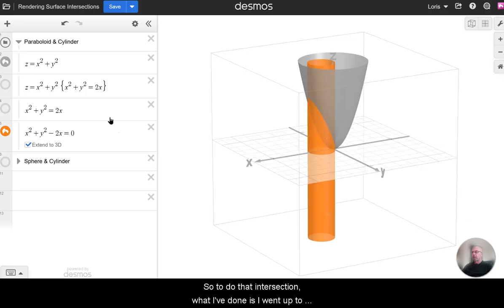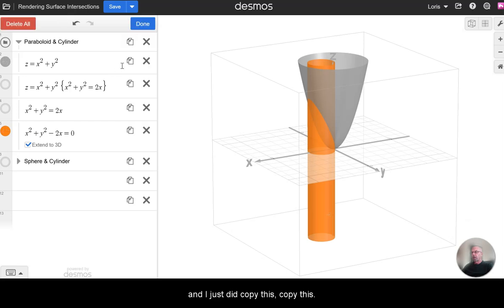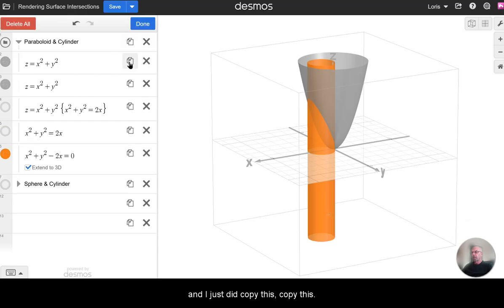To find that intersection, I went up to the edit list here, and I just copied this, and then I added the cylinder equation. Okay, and that's it. I put it in brackets.